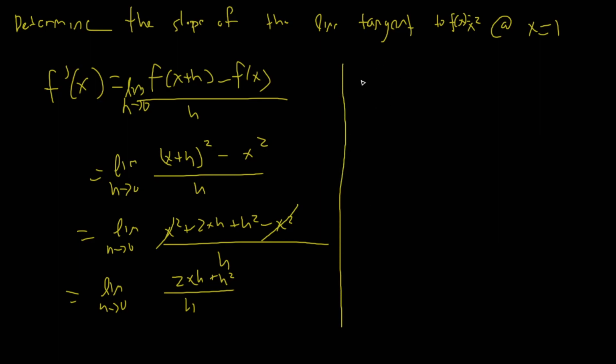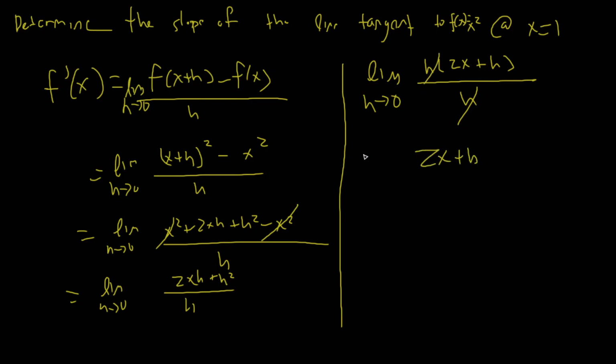I'm running out of space on the bottom, so I'm going to go to the right side, and we can actually factor out h on the numerator, we notice, right? So this would equal the limit as h approaches 0 of h times 2x plus h over h. Our h's cancel out here. And at this point, we could just substitute h equal to 0, right?